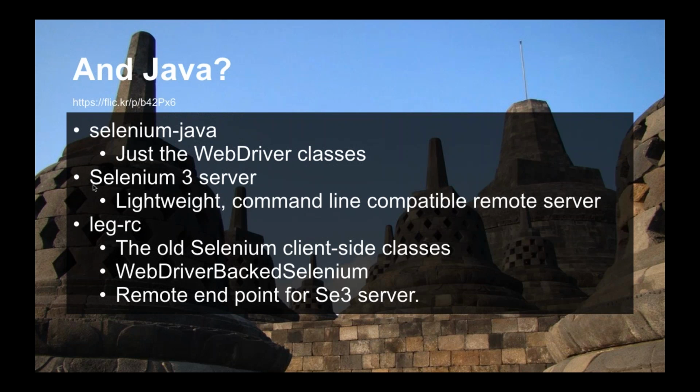The idea with this is that some people distribute their tests, for example, across Selenium Grid or something like that. So sometimes the tests get updated at a different rate to the infrastructure that is being used for running the tests. And this allows you to keep the same URL endpoint and the same behavior, but to migrate over to the WebDriver backed Selenium.